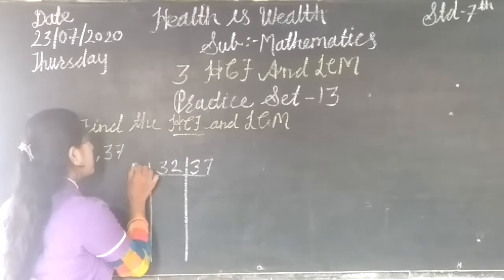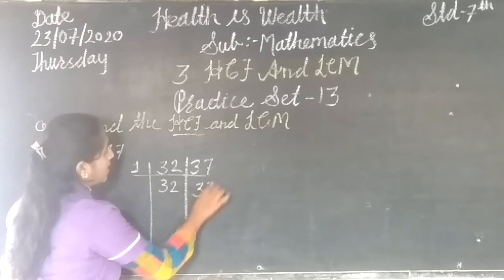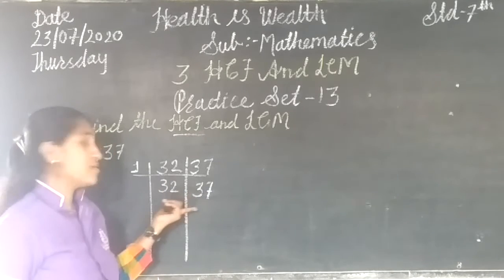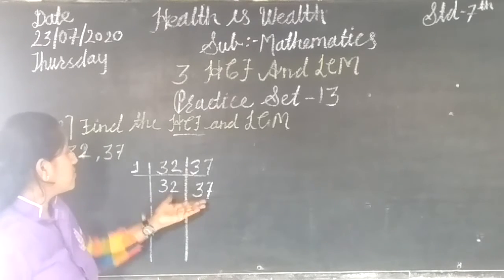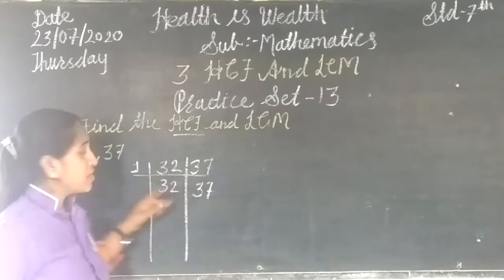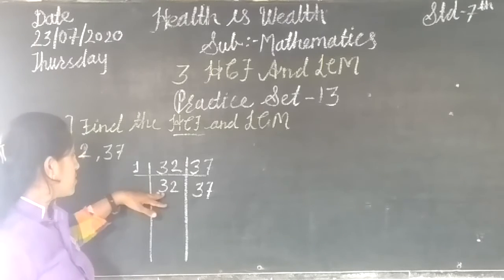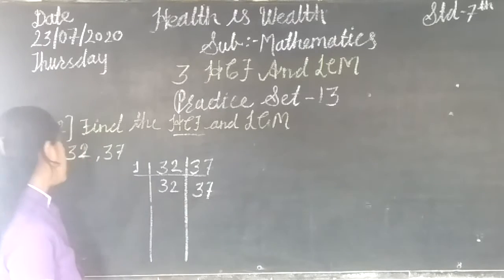With the number 1 it is not divided by this, and the same number we cannot divide into these two numbers. So the only common factor is 1, and 32 and 37 we write as it is.